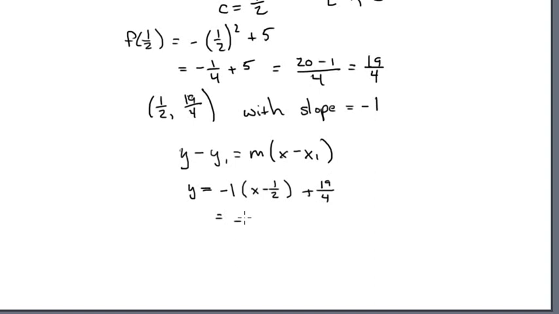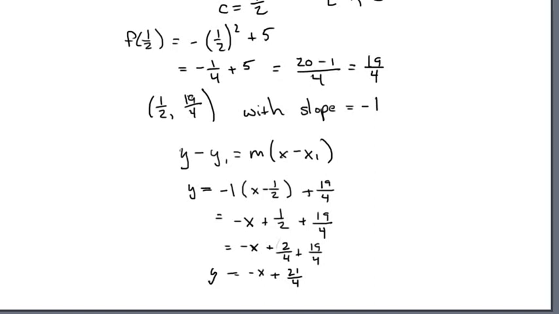Distribute that, so I get -x plus 1/2 plus 19 over 4. We bravely saunter on with our adding of fractions in a very non-approximative way, if that is even a word. Alright, so 2 over 4 plus 19 over 4, so that is going to be -x plus 21 over 4. Oof, I hope that works.